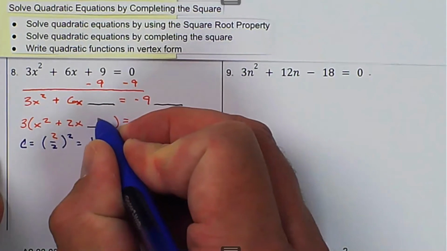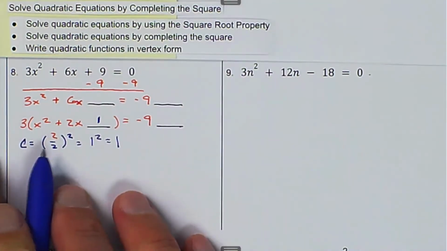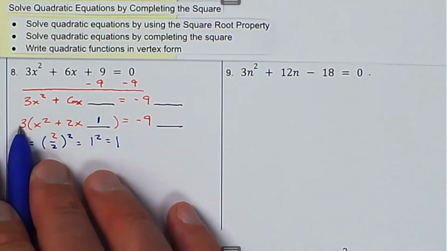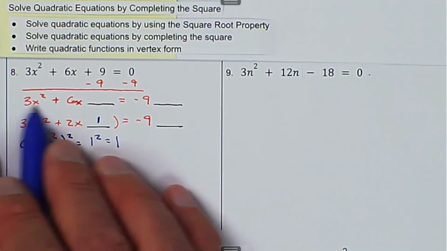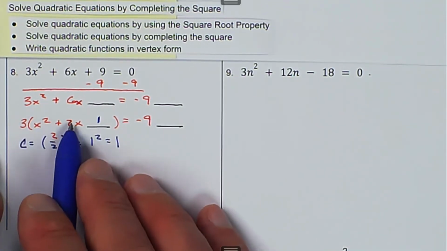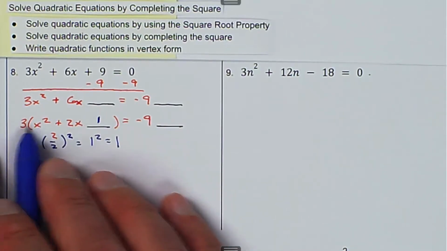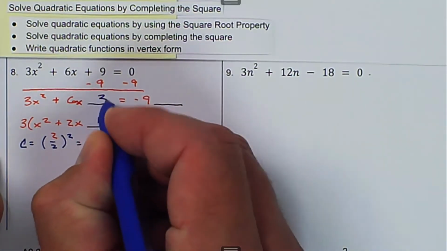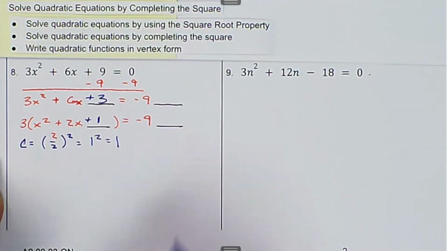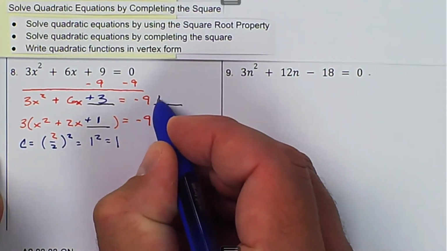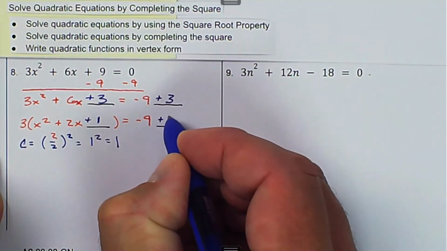If we add a 1 to the left side, that's 1 multiplied by 3. If we distribute this back, 3 times x squared is 3x squared, 3 times 2x is 6x, and 3 times 1 is 3. So we're adding 3 to both sides. On the right side, we also have to add 3.